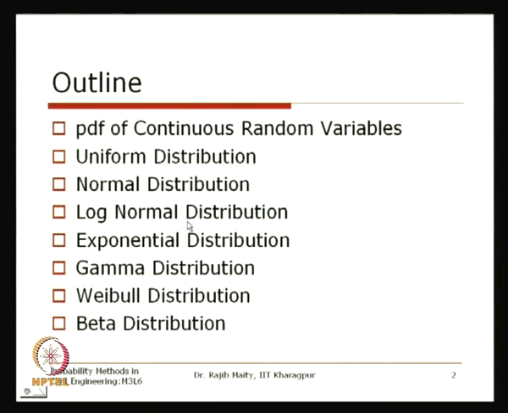And log normal, exponential and gamma distributions are generally lower bounded, and this bound is generally at the origin, that is 0. Then we will see the Weibull distribution and the beta distribution. This beta distribution again is a bounded distribution.